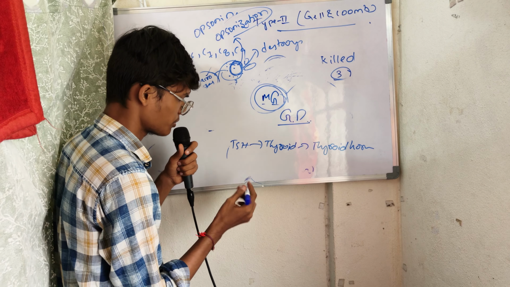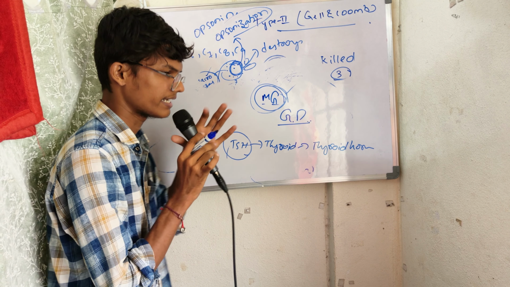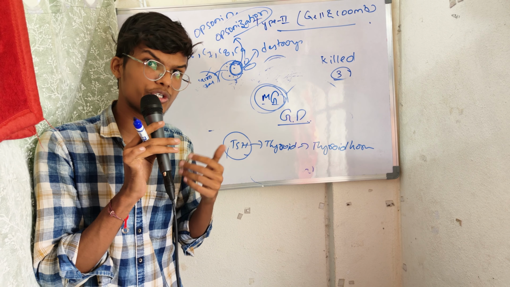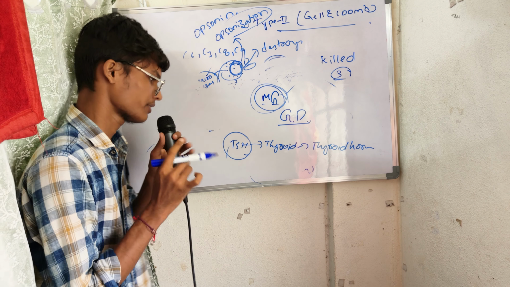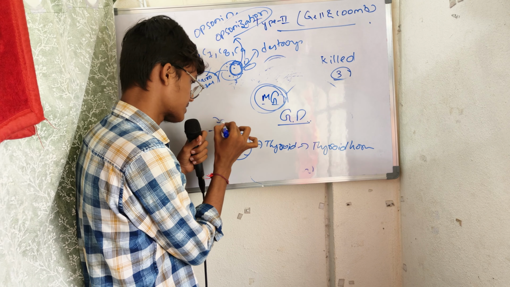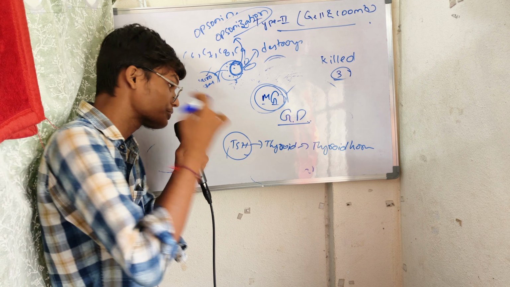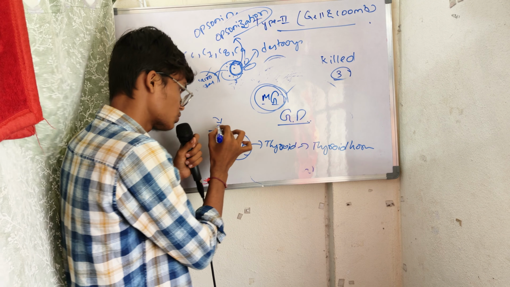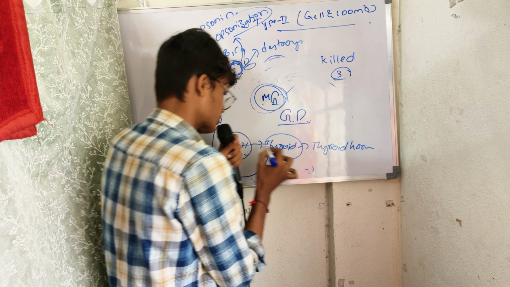In Graves' disease, due to genetic susceptibility, antibodies are produced that act like TSH, so they stimulate the thyroid gland.